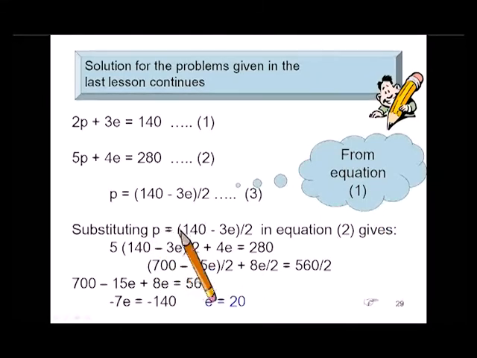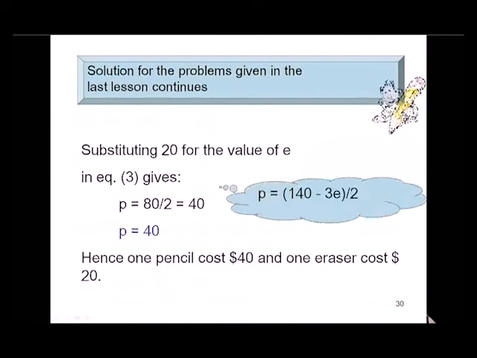Substituting P equals 140, take 3E, divided by 2 in equation 2 gives 5 into 140, take 3E, divided by 2, plus 4E equals 280. 700, take 15E, all divided by 2, plus 8E divided by 2 equals 560 divided by 2. 700, take 15E plus 8E equals 560. Negative 7E equals negative 140. E is equal to 20.